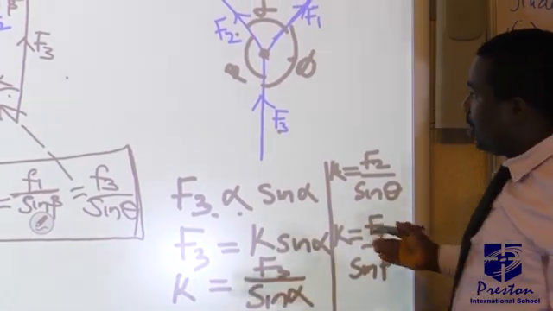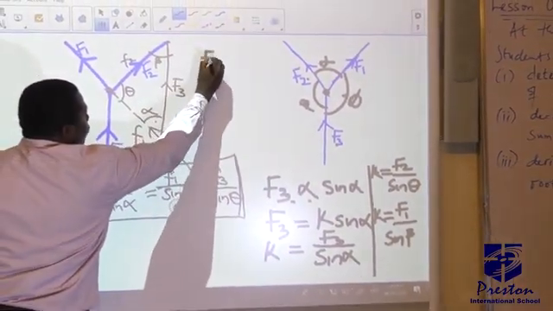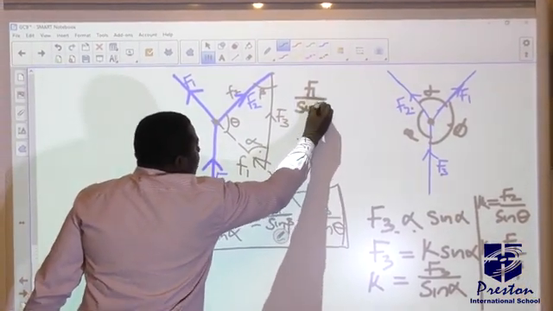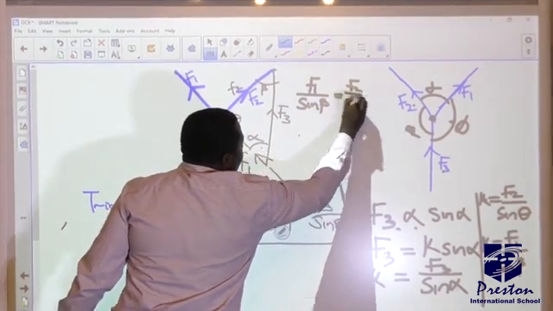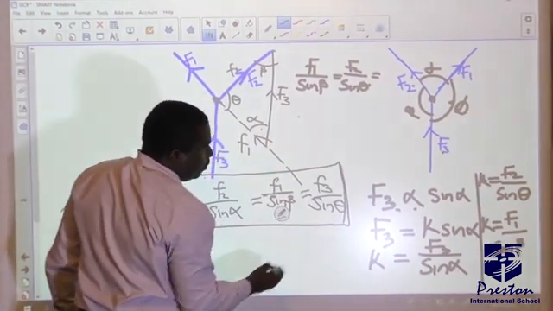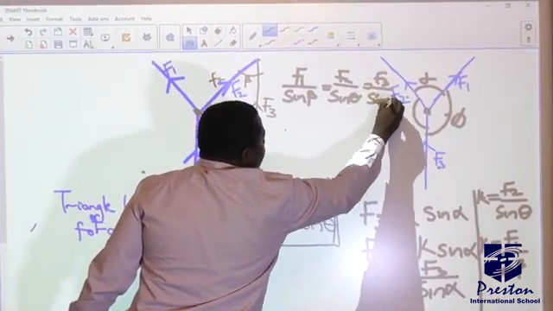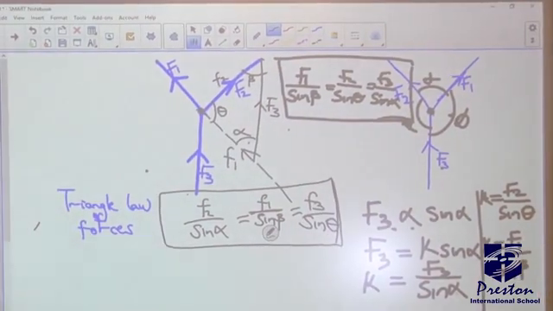It's going to give us Lamy's theorem. Therefore, we have F1 over sine beta equals F2 over sine theta equals F3 over sine alpha. This formula gives us Lamy's theorem.